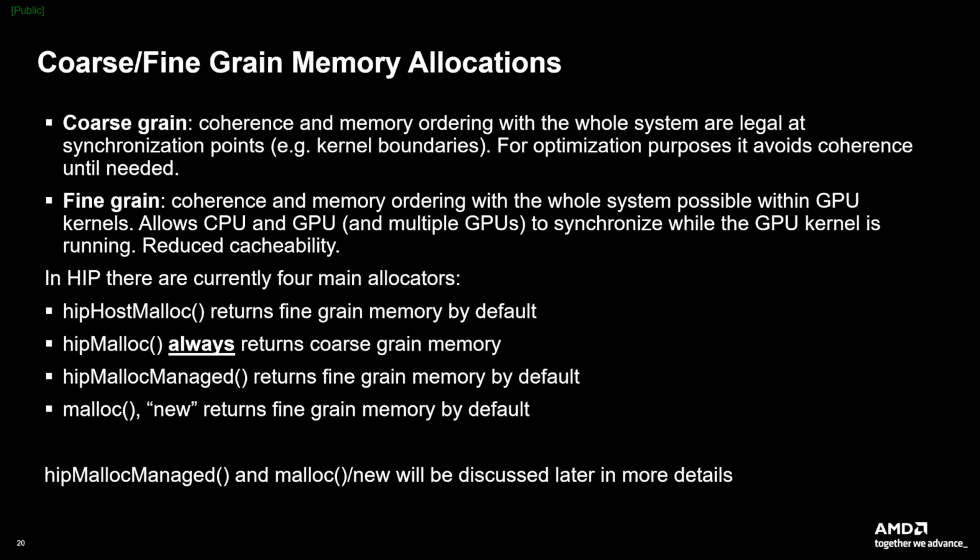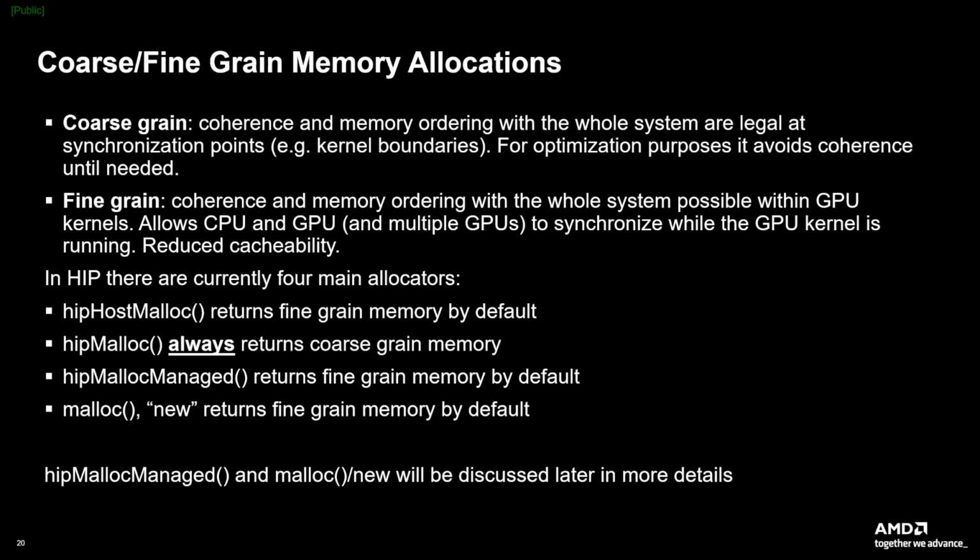So there's 4 allocators we're going to talk about here, and they all behave differently. So hip host malloc and hip malloc managed return fine grain memory, and hip malloc returns coarse grain, and malloc and new return fine grain by default.